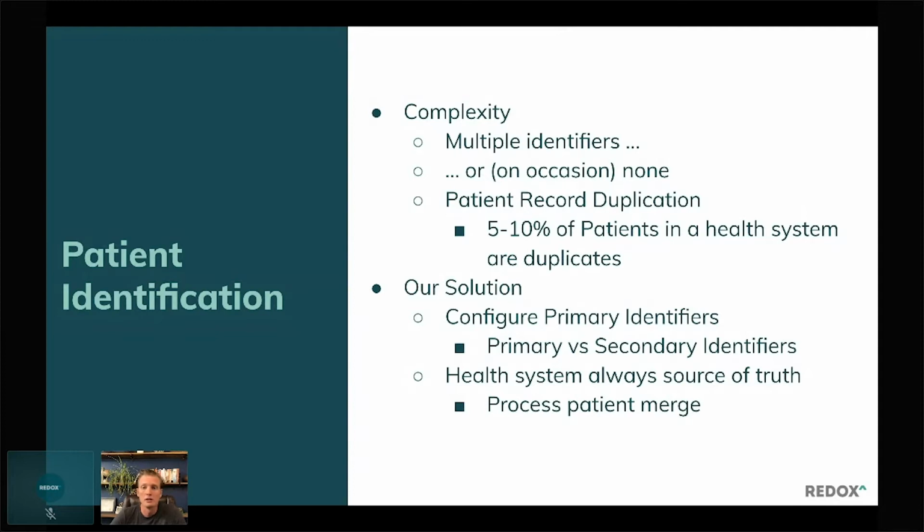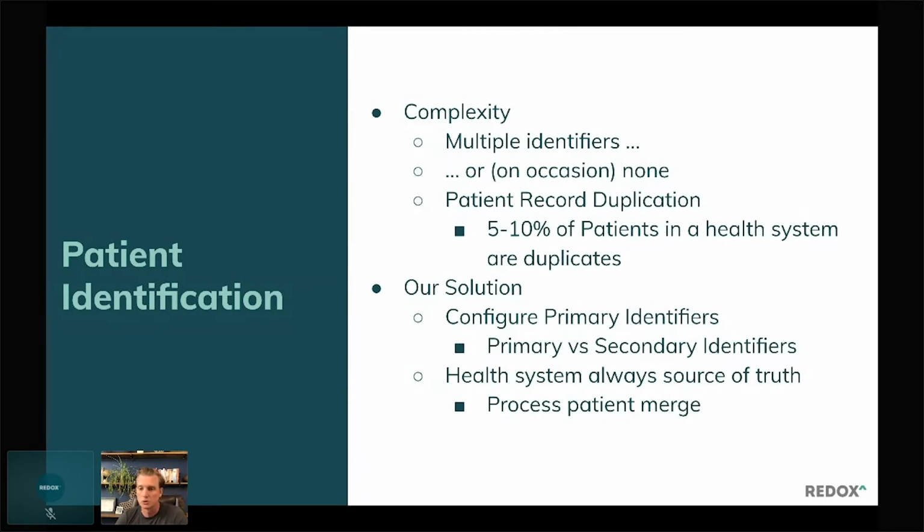Medical record number is the common one in a lot of EHRs, but certainly not universally accepted, and all those ID types could be different. So on a health system by health system basis, we configure the primary identifier ID types for each health system.